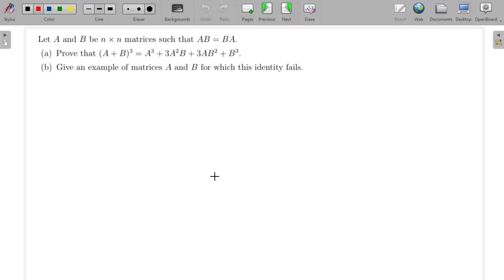All right, so welcome to this video. This video will help us understand the concept of commutativity of two matrices.